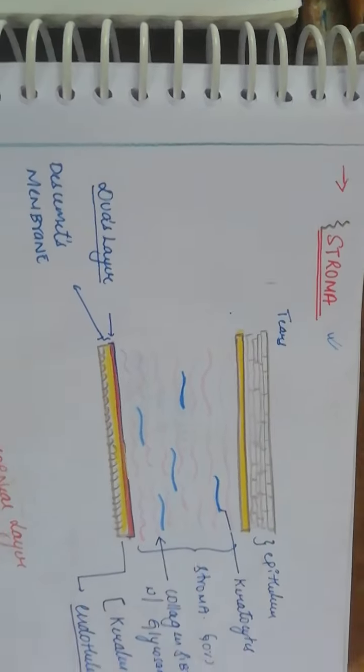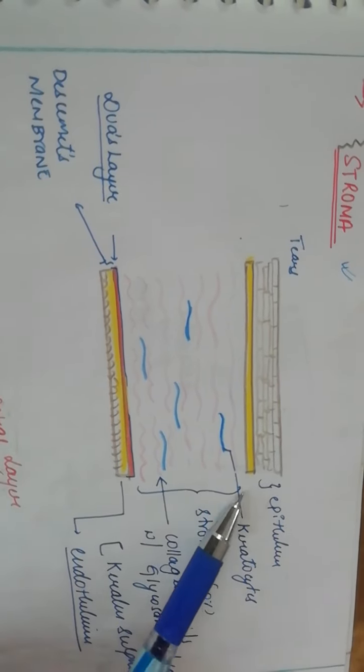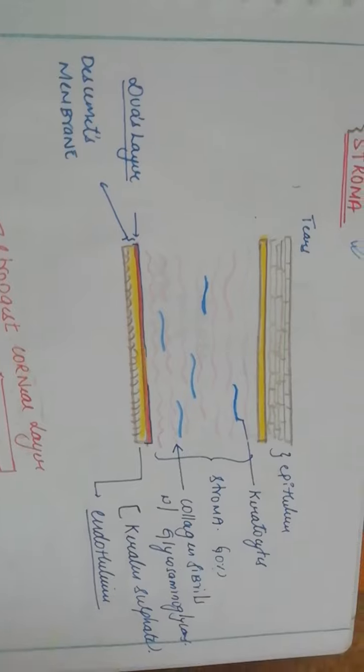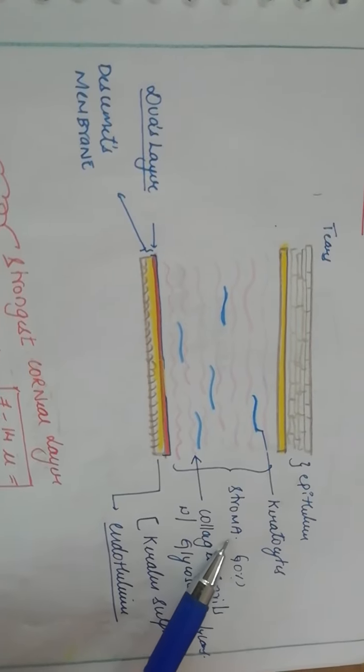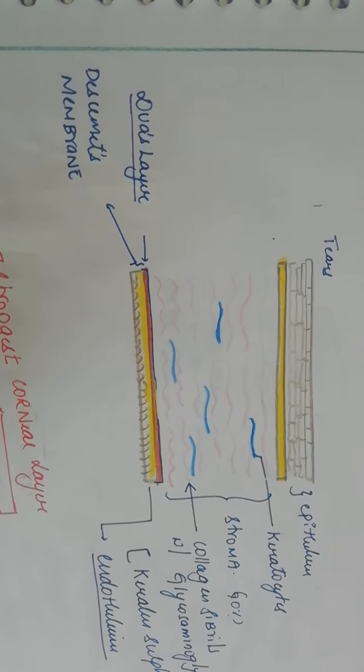So this is the structure of the cornea, where the first one is the epithelium, the second yellow one is Bowman's layer, and this is the stroma. If you observe carefully, it contributes about 90% of total corneal thickness.